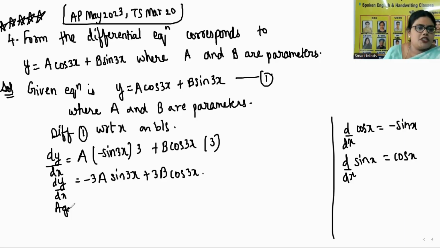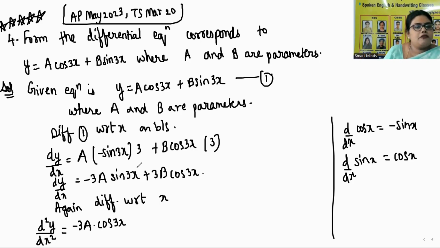Now again differentiate with respect to x. dy/dx, if you differentiate, becomes d²y/dx², the second order derivative. Now −3a is a constant, the derivative of sin 3x is cos 3x, then again differentiate 3x, that becomes 3.